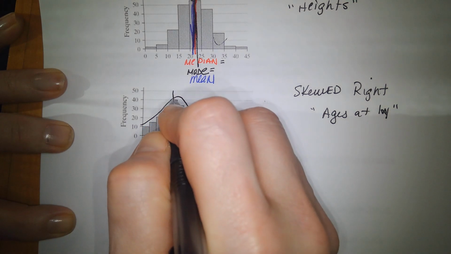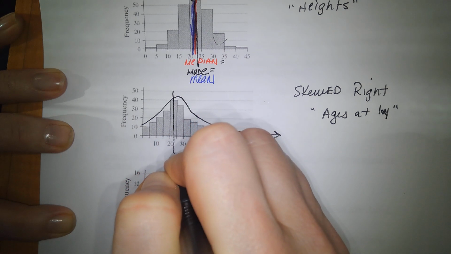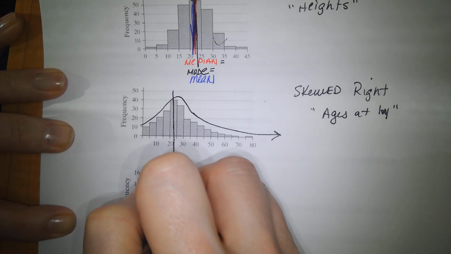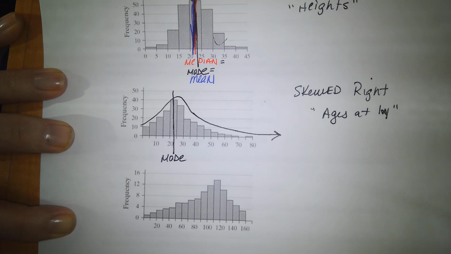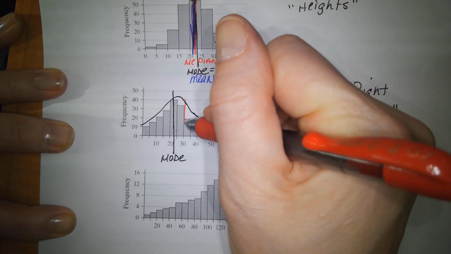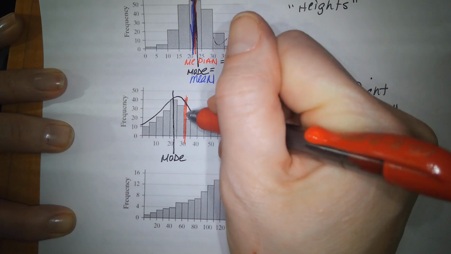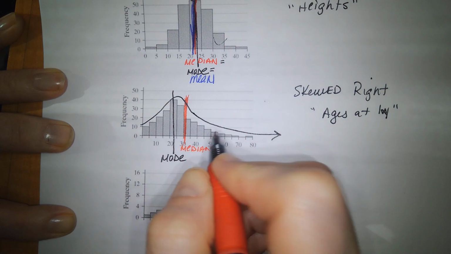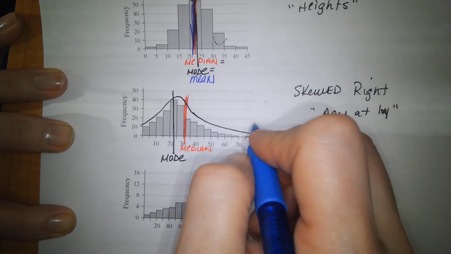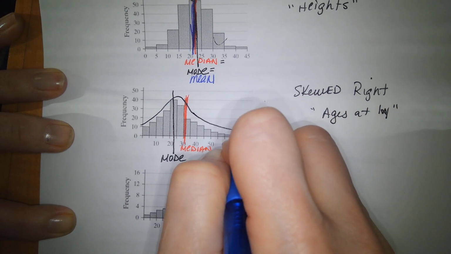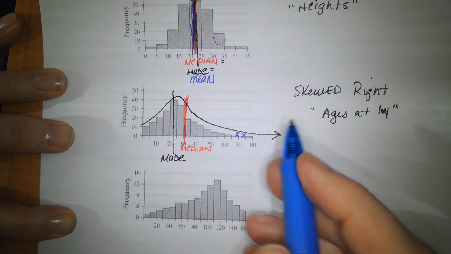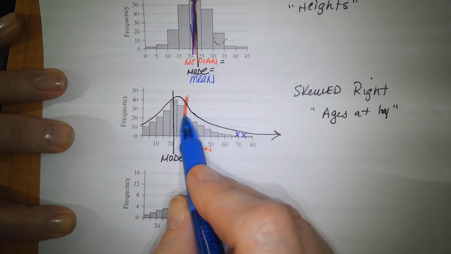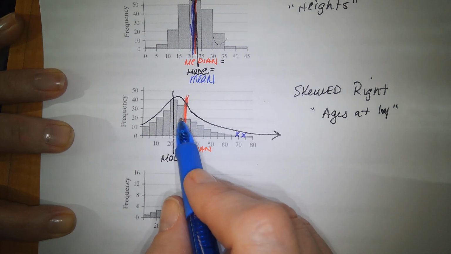Now you'll see that the mode is right here at the peak, which is in the 20s. So the mode is the tallest bar. The median will be the middle. So the median will be somewhere over here, slightly skewed to the right-hand side. And because of those few outliers, that 70 and that random 80-year-old, they're really taking the average, which used to be down here near the mode and the median.